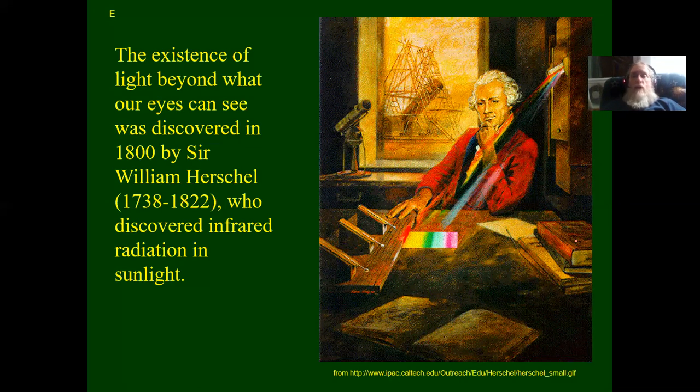Anyway, the king was sufficiently impressed by this that he gave Herschel a generous lifelong pension, and his only duty was that if the king dropped by with some friends, to let them look through the telescope. That is an astronomer's dream job.